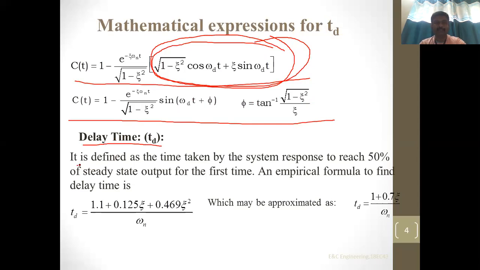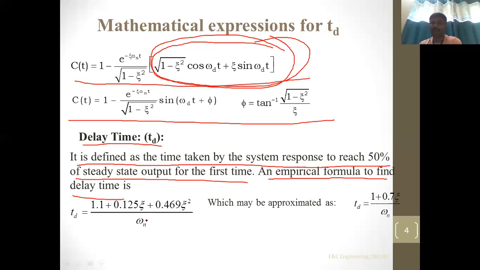Now first let me begin with the delay time expression. As we are aware, it is defined as the time taken by the system response to reach 50% of the steady state output for the first time. An empirical formula to find the delay time is given by 1.1 plus 0.125 xi plus 0.469 xi square divided by omega n, which is approximated as Td is equal to 1 plus 0.7 xi divided by omega n.